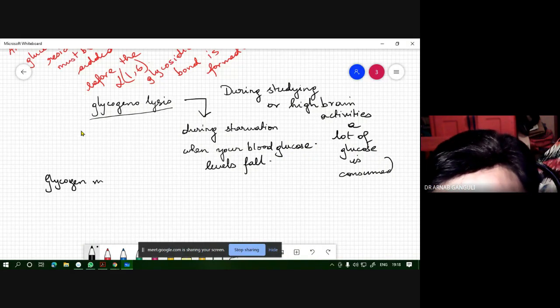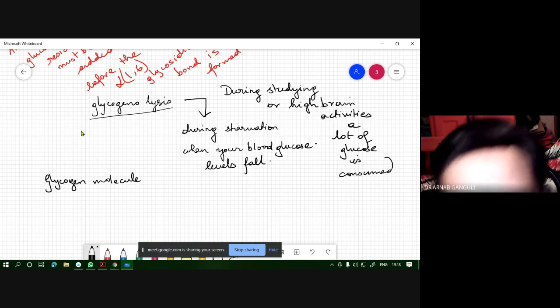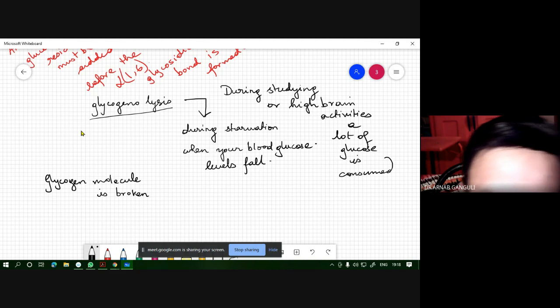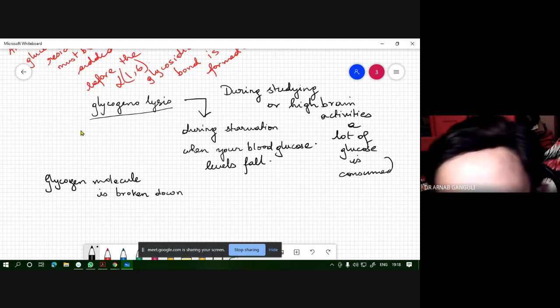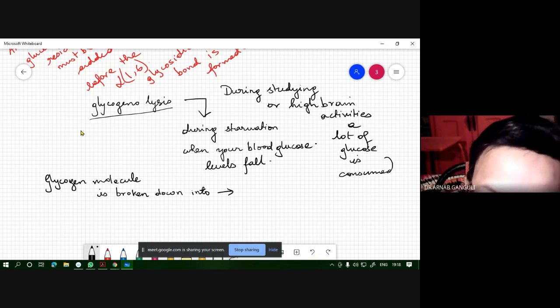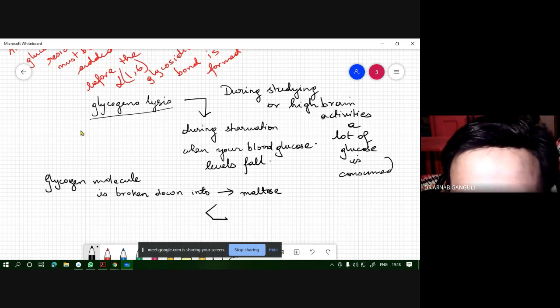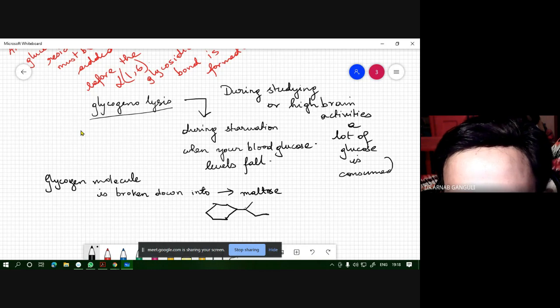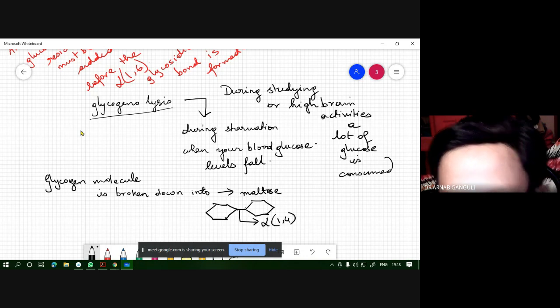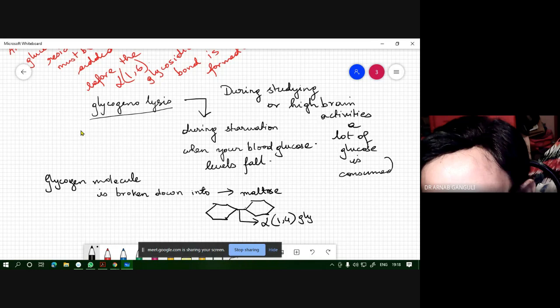Glycogen molecule is broken down into, first, maltose. Maltose is 2 glucose units attached by alpha 1 to 4 glycosidic linkage.